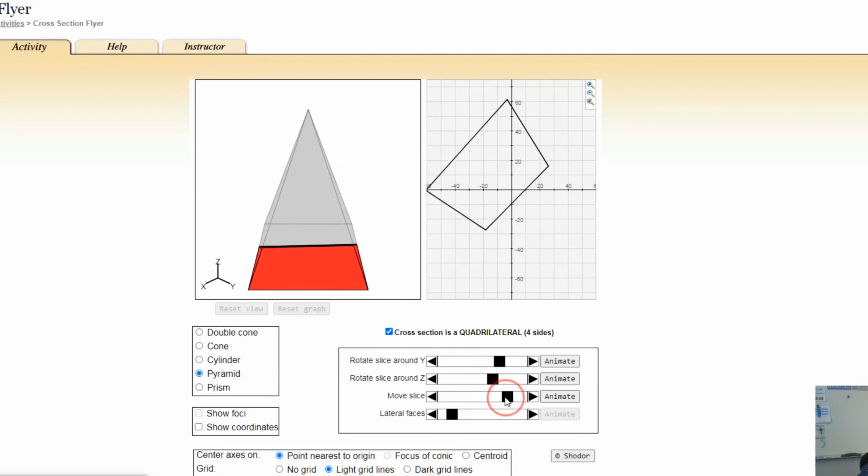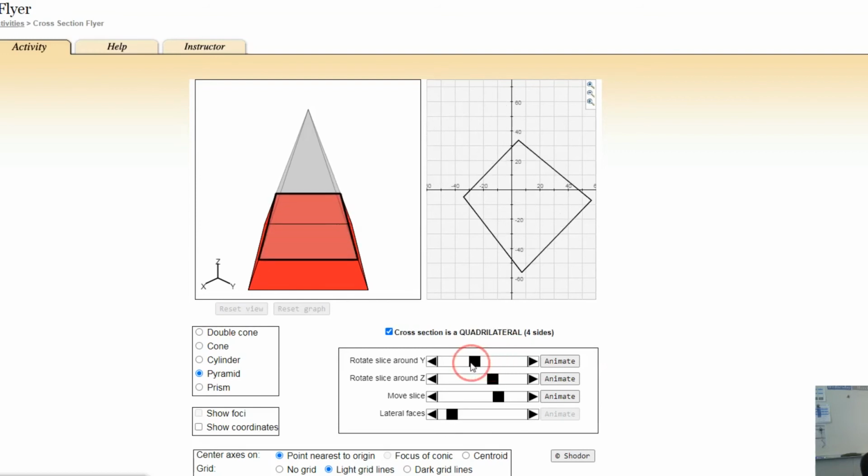I'm having a hard time getting that. Maybe I can line it up with that. Close. Almost. You're going to have to just play with that and see how that works for you.